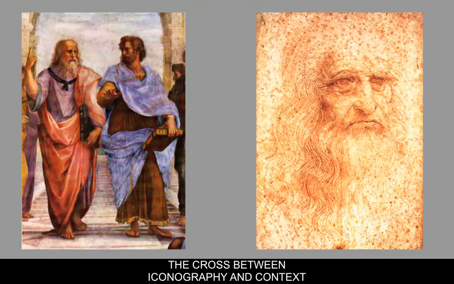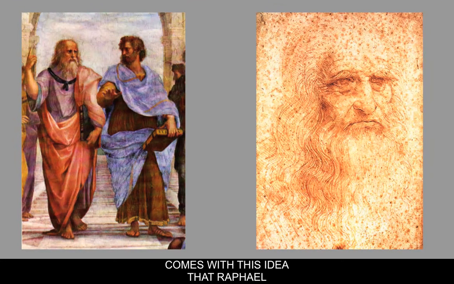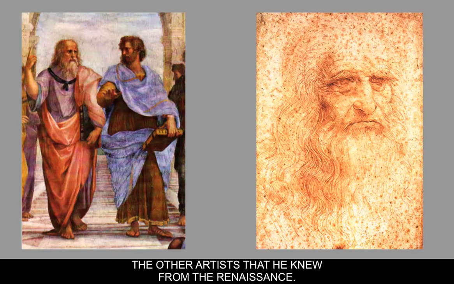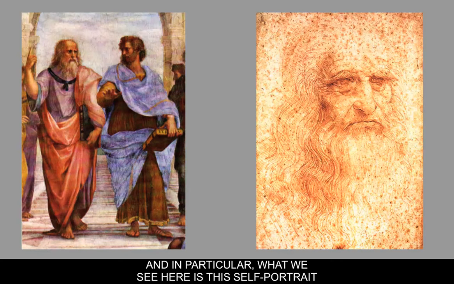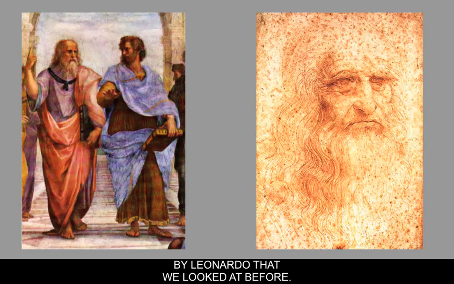The cross between iconography and context comes with this idea that Raphael was making reference to and heroicizing some of the other artists that he knew from the Renaissance. And in particular, what we see here is this self-portrait by Leonardo that we looked at before, and it looks an awful lot like this character on the left-hand side.